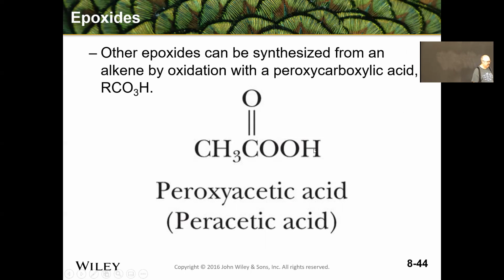Okay, earlier in the semester when we were talking about functional groups, one of the ones we listed was a carboxylic acid, and acetic acid would have the formula CH3C double bond O, OH. Okay, that's acetic acid. Okay, notice here that there's an extra oxygen in peroxyacetic acid.